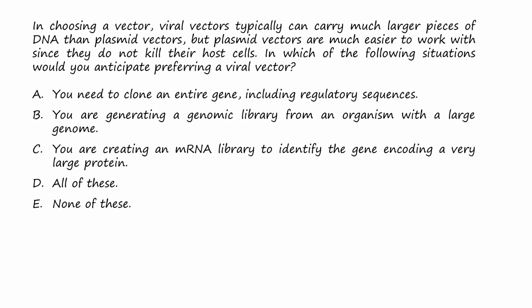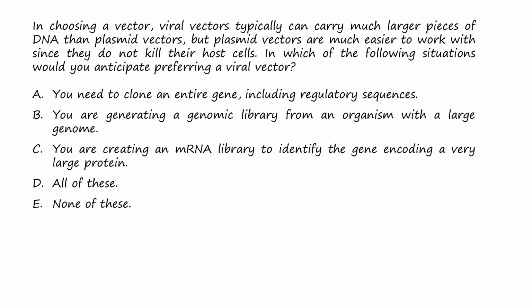Question 5. Viral vectors typically can carry much larger pieces of DNA than plasmid vectors, but plasmid vectors are much easier to work with since they do not kill their host cells. In which of the following situations would you anticipate preferring a viral vector? A. You need to clone an entire gene, including the regulatory sequences. B. You are generating a genomic library from an organism with a large genome.